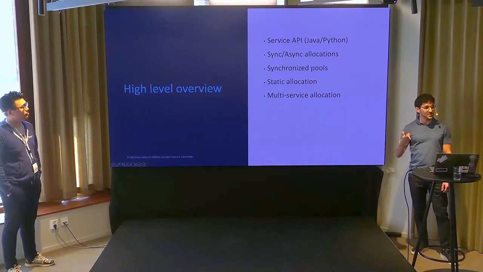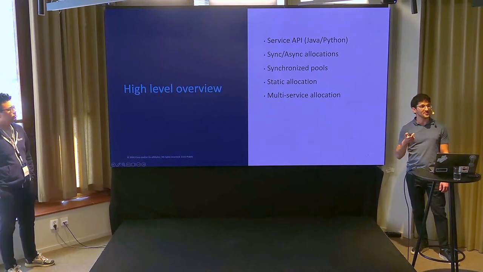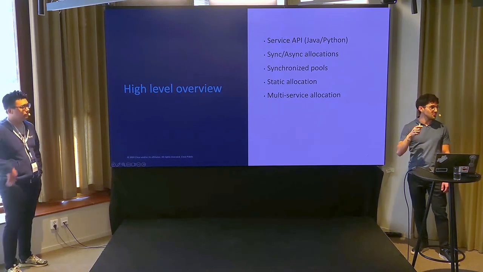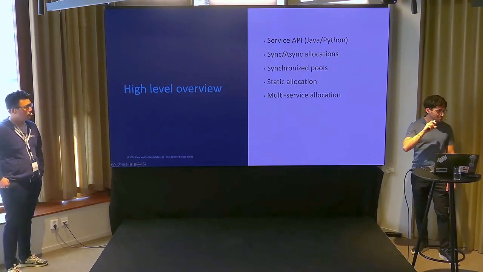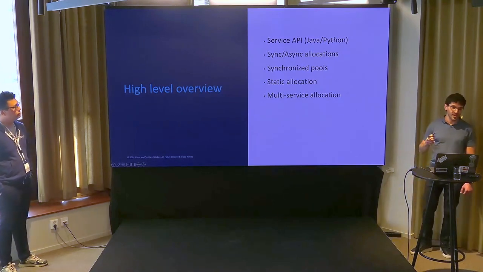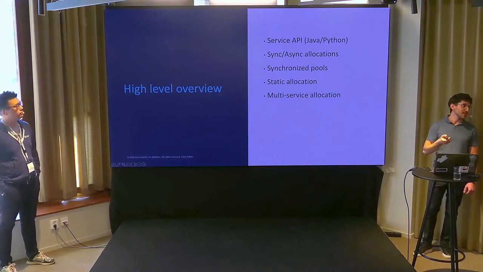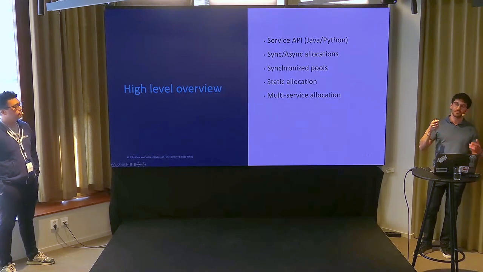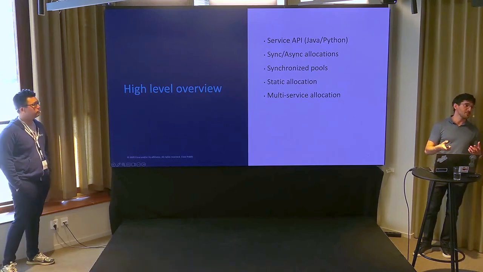It allows for static allocation, so you can tell the resource manager that I want to allocate this specific resource, and it will do this for you. And it also allows for multi-service allocation, so multiple services can allocate and thus share the same resource.